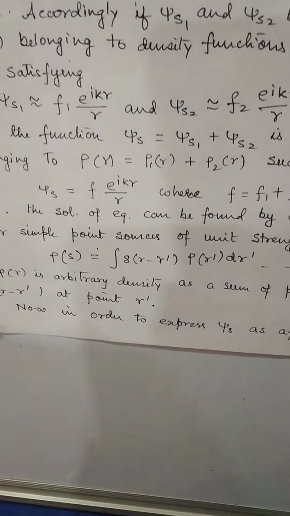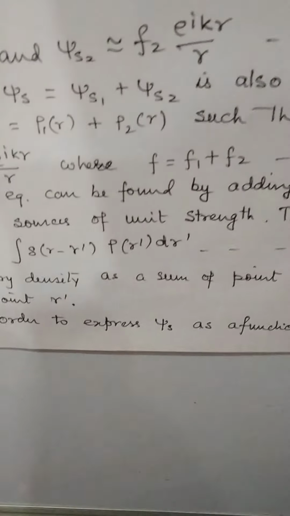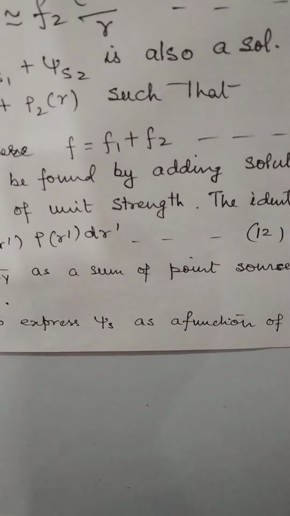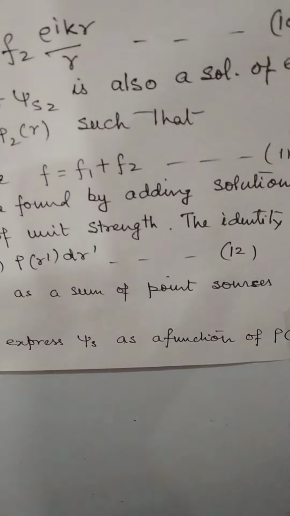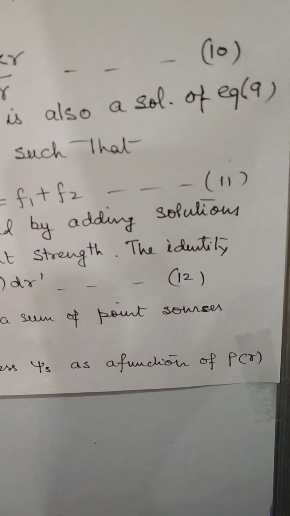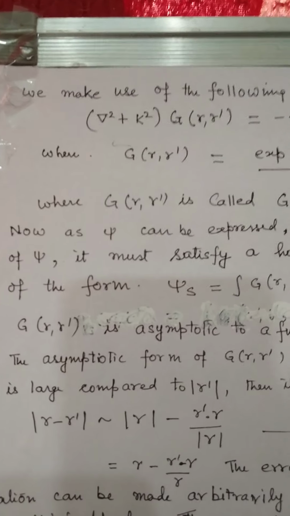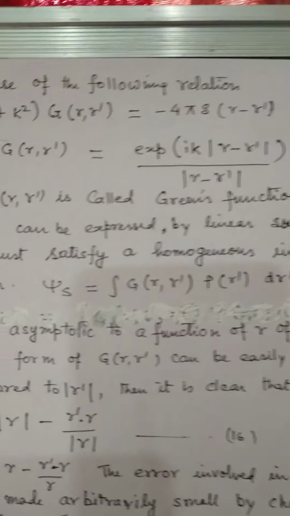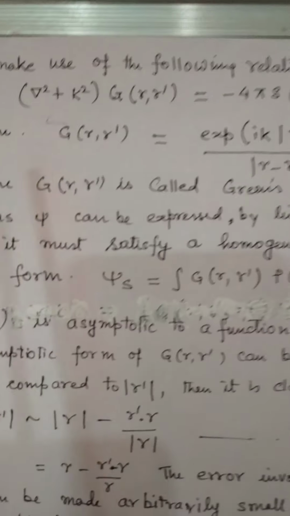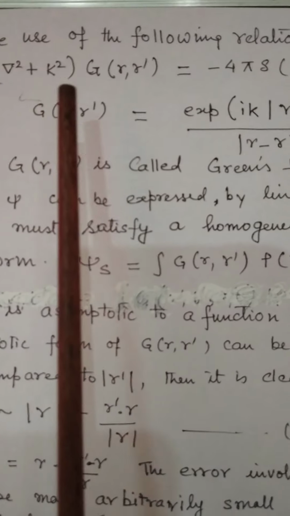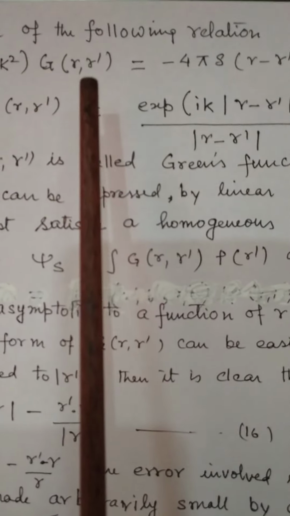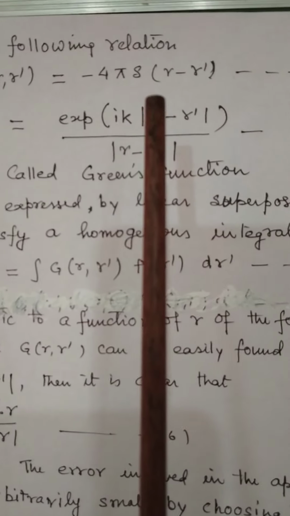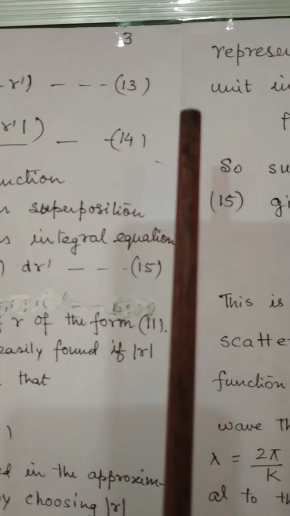Now, in order to express psi s as a function of rho of r, we make use of the following relation, that is, del squared plus k square of g r r dash equals minus 4 pi delta of r minus r dash.